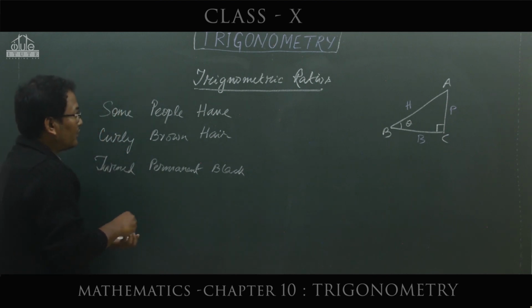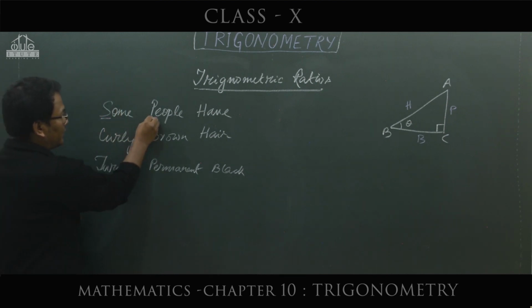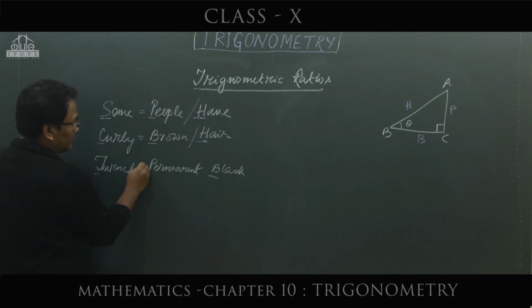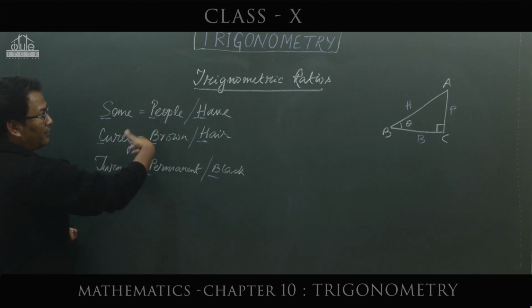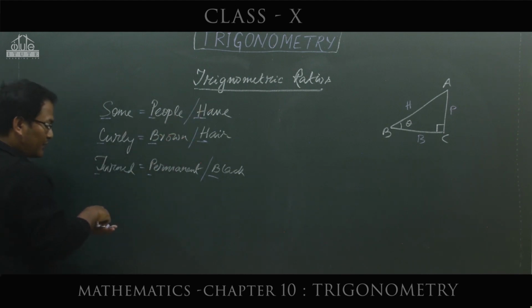Now what I do is I underline all the initials, and so sum will be equal to divided by this, equal to divided by this, and equal to divided by this. So the initials of this phrase will be converted into trigonometric ratios.